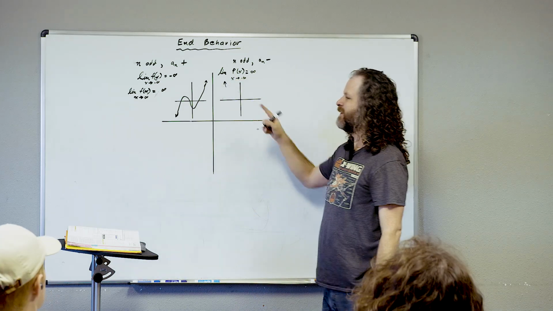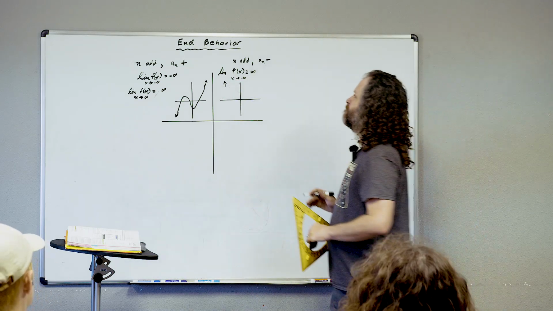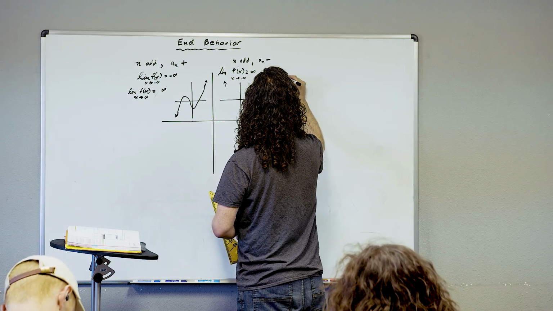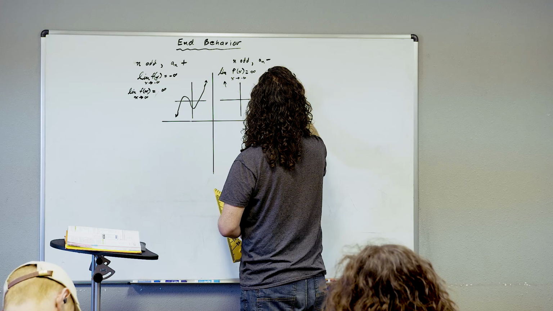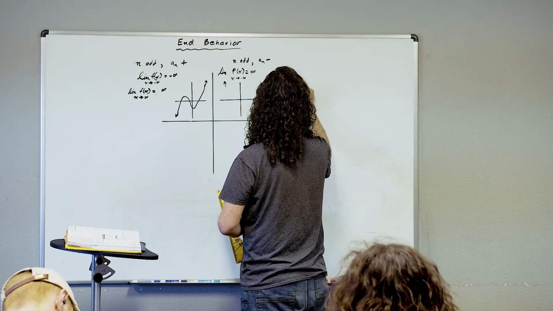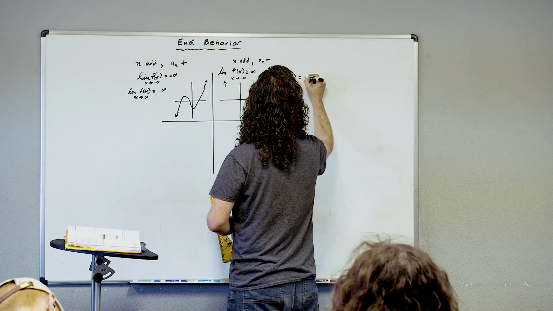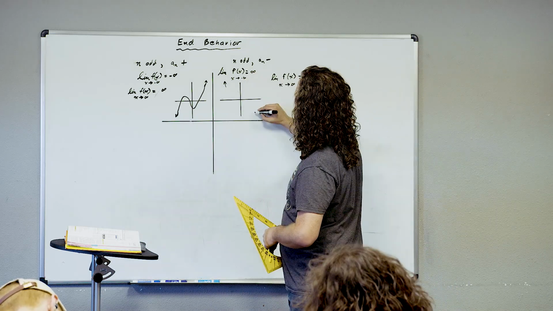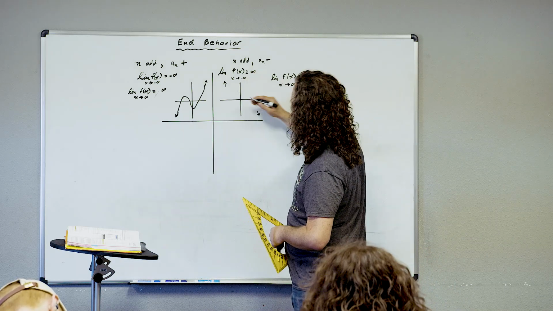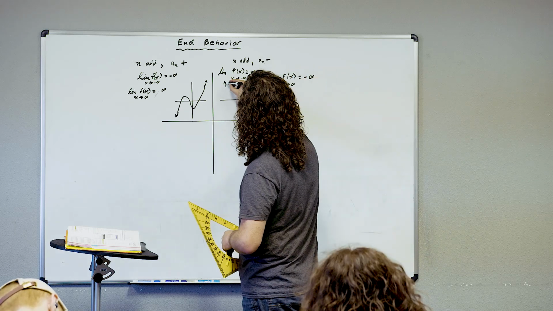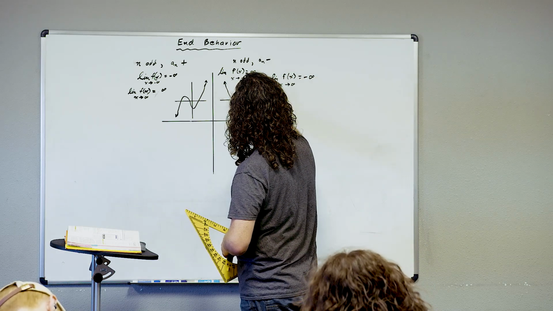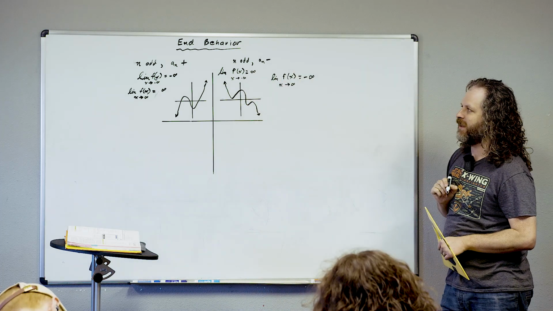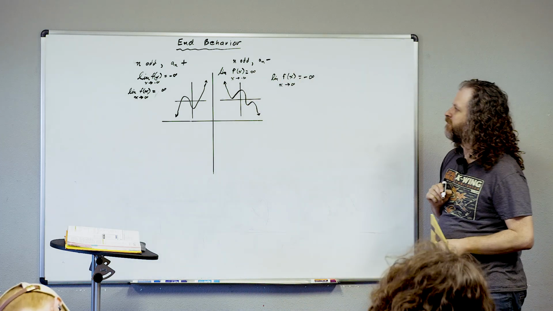As we go to the left, it's heading up. And the limit of f of x as x approaches positive infinity is negative infinity. So as we go to the right, it's going to be going down. In the middle, something's going to happen we wouldn't know unless we had the actual function, right? Something like that-ish. Isn't it cute?